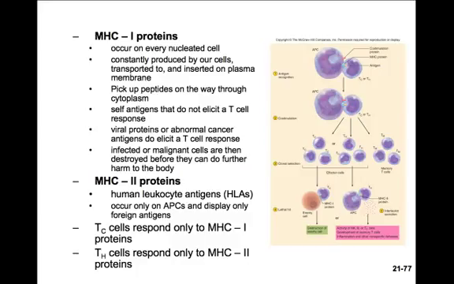So as they move through the cytoplasm to the membrane, they will only pick up foreign matter, not both foreign and self. So the cytotoxic T cells tend to respond only to MHC1 proteins, and T helper cells will only respond to MHC2 proteins. Thus, our helper T cells will only respond to antigen-presenting cells.